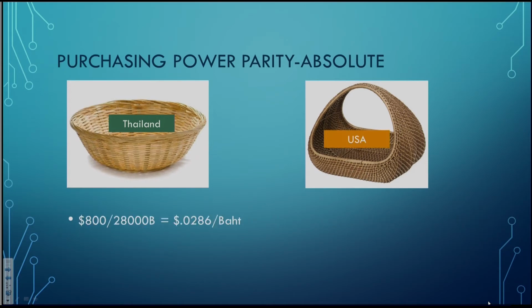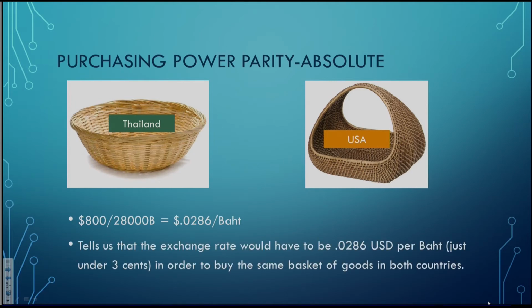So again, it tells us that the exchange rate would have to be 0.0286 US dollars per baht, just under 3 cents, in order to buy the same basket of goods in both countries. Now, that's absolute purchasing power parity.